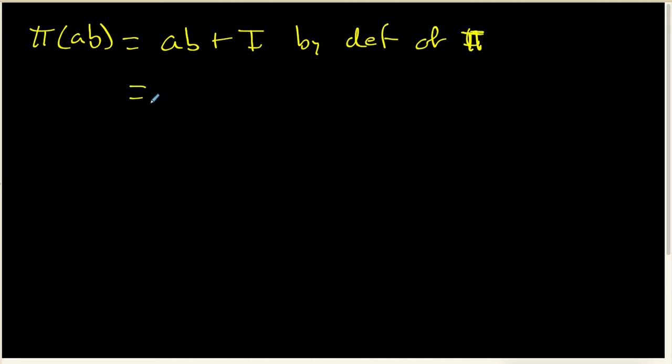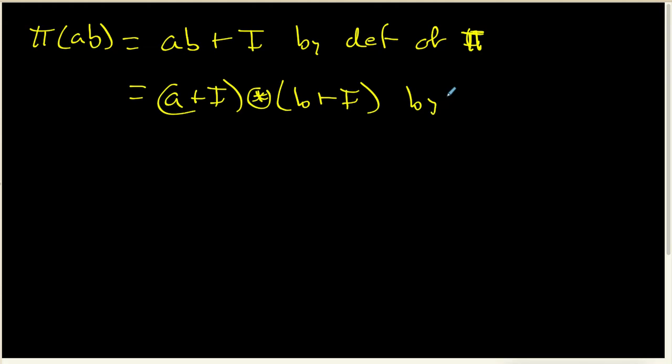But I know something about coset multiplication. AB plus I is A plus I times B plus I by the definition of coset multiplication. And let's clean that symbol up. That should be by the definition of pi.